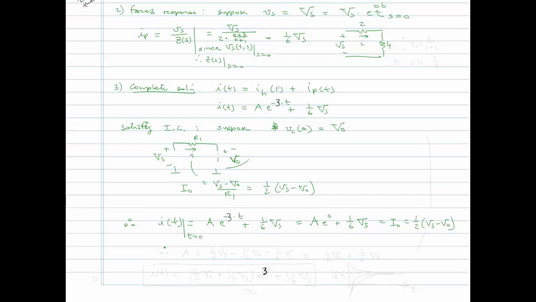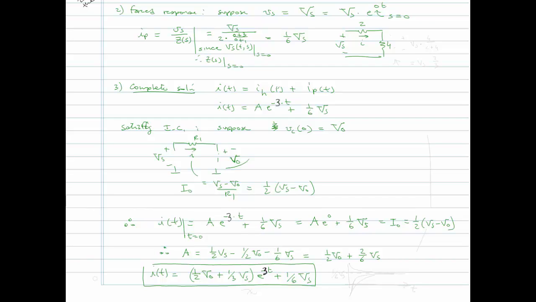Therefore A is going to be equal to 1/2 Vs minus 1/2 V naught minus 1/6 Vs, or in other words, minus 1/2 V naught plus 2/6, or 1/3, Vs. And now we can write the final solution: I is equal to (minus 1/2 V naught plus 1/3 Vs) e to the minus t plus 1/6 Vs. That is our complete solution.